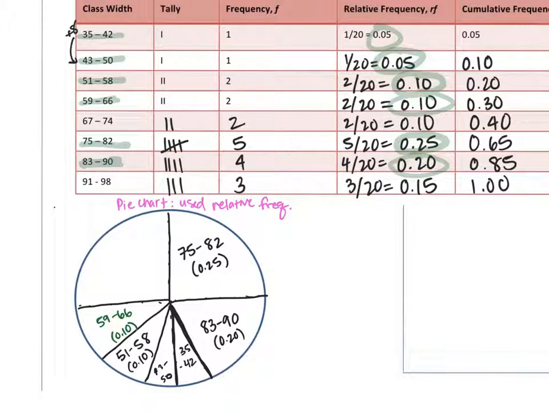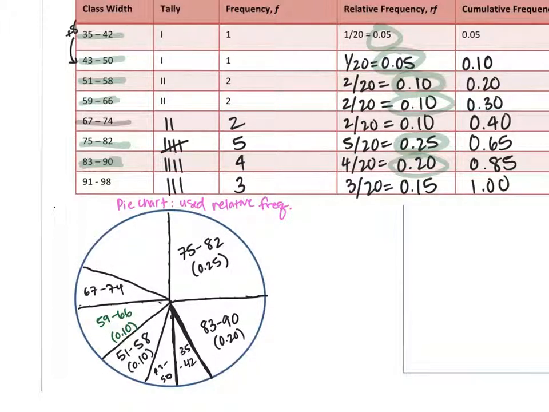All right, so now I'm just left with these two intervals. So this one here is also 10%, so I know what the size of a 10% looks like now. I'm going to try to replicate this slice to look about the same size as these here. So let's just say that this is about 10%. And so this piece here is going to be for 67 to 74.